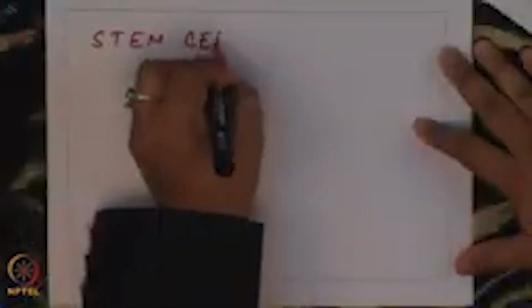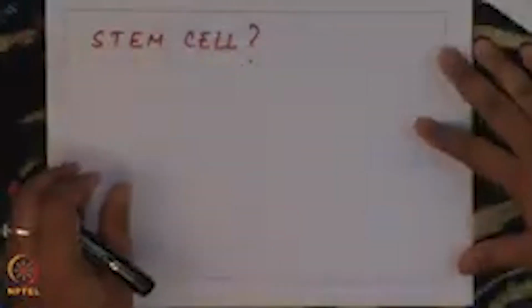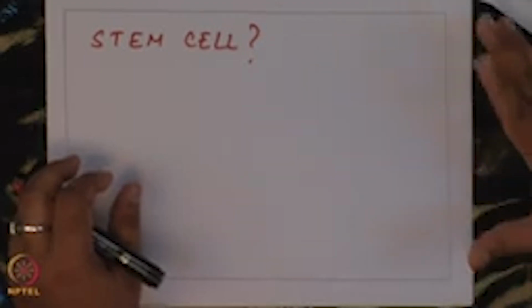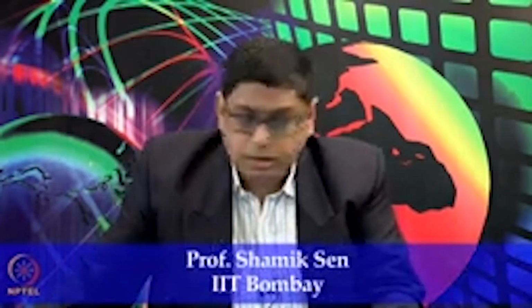Okay. So, this raises the question, what about stem cells? How would these stem cells behave when placed on matrices of different elasticities? Okay. So, the group of Dennis Discher did this study using PA gels.